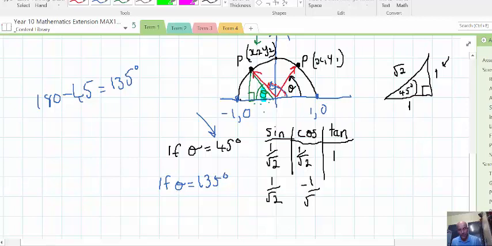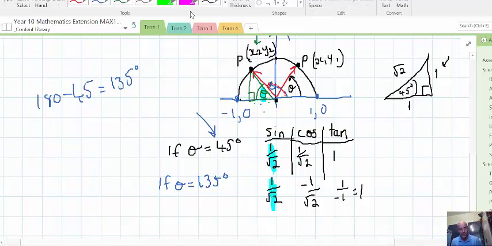Okay, it's going in the negative direction, so it'll be -1 over root 2. Okay, because we're on a Cartesian plane, and so it's heading in the negative direction, and tan is opposite over adjacent, which is opposite is 1 and adjacent is -1.